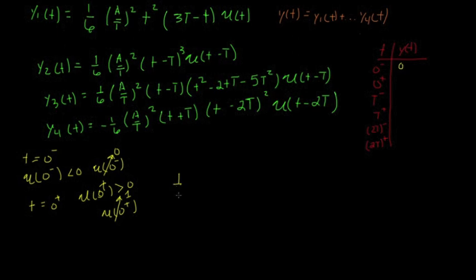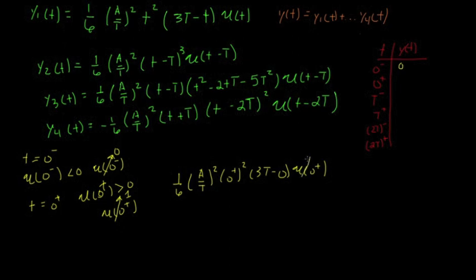We would have 1/6 a over t over capital T, quantity squared. But this time we're going to have 0. So we'll have 0 plus squared 3t minus 0 times u of 0 plus.